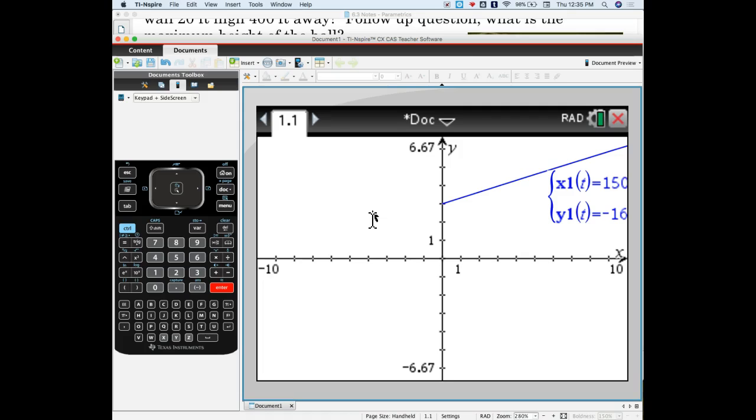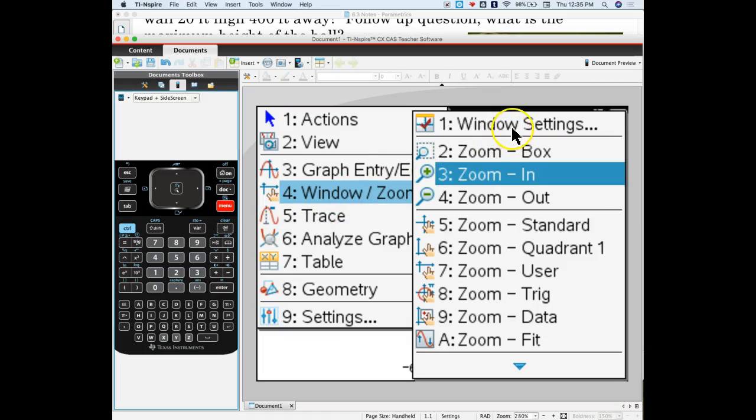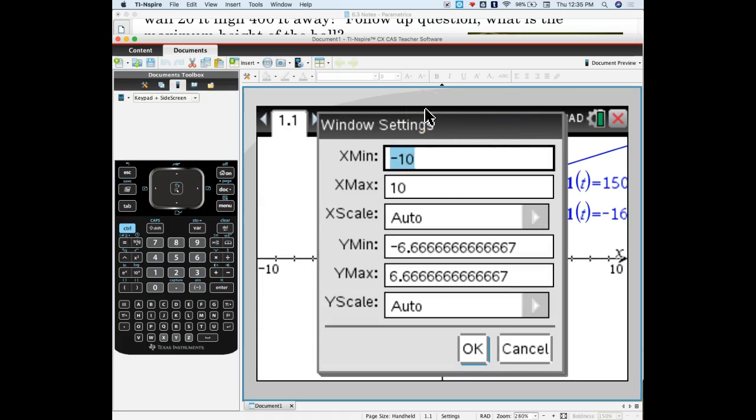I'm going to change my window settings, which is probably going to be faster than zooming out. Menu, window settings. X's. What do I need to go out to? 450-ish. I'm going to stick at -10 because I like to see my vertical axis. I'm going to go by 50s on my scale just so there's not a lot of tick marks on the bottom. Y's. How high do you think that ball's going to get? 45. 45? Yep. Okay. I'm going to go 50, and go by 10s.